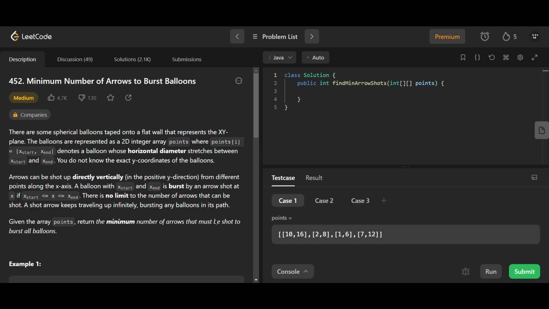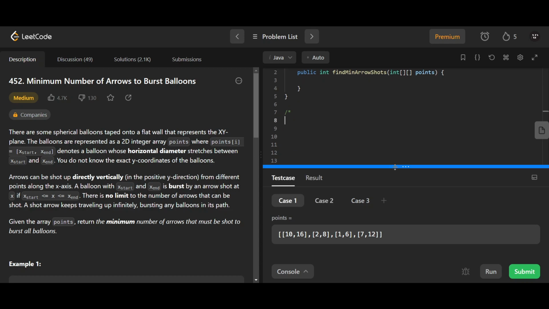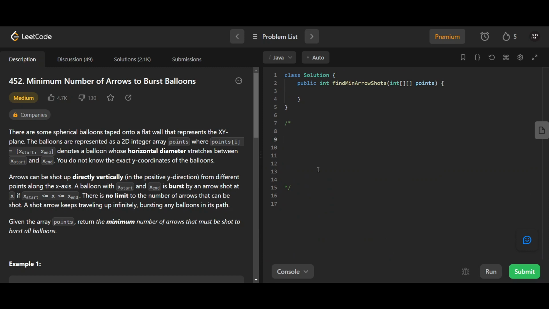It's interesting. Now, let's just try to understand the system here. What I understand is there can be different balloons, and essentially a balloon is an interval here, right?